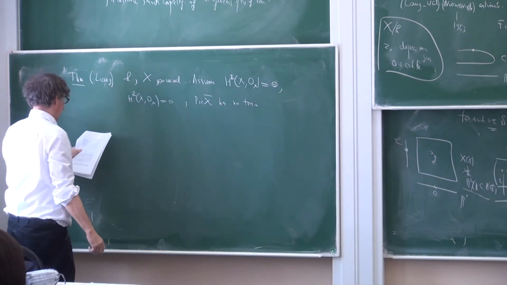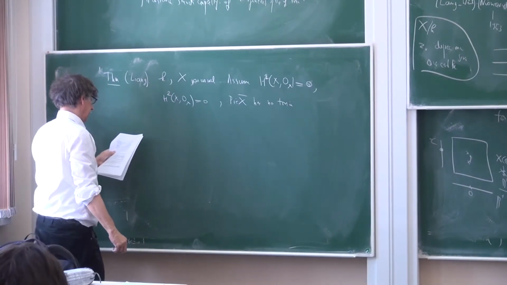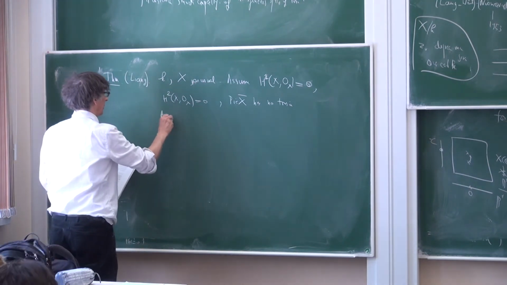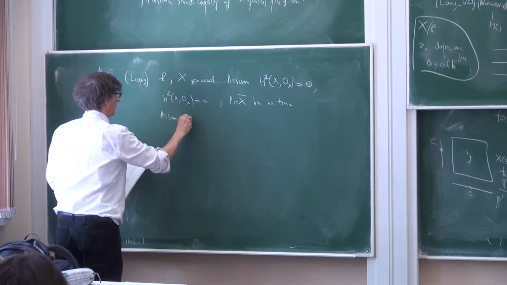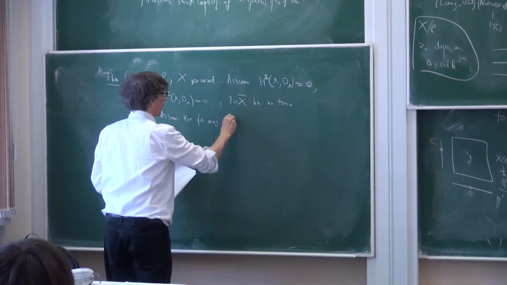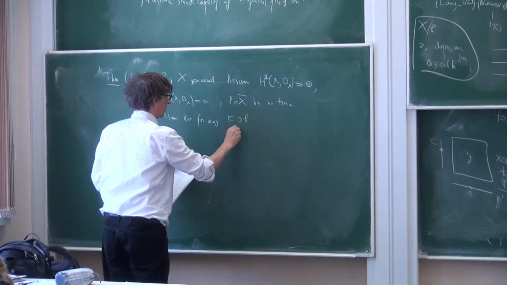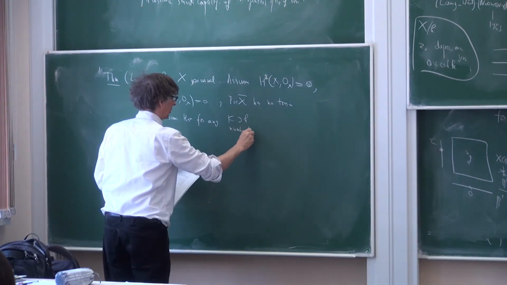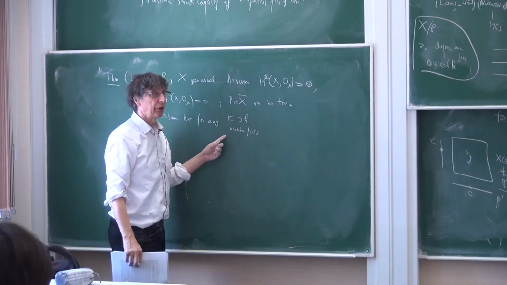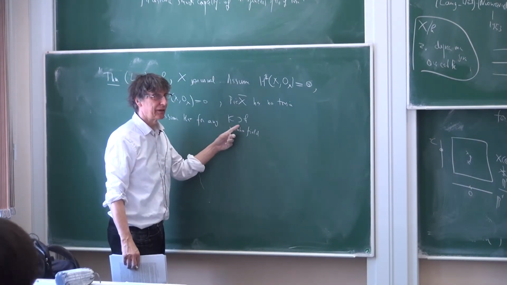Now, and then you also assume that for any number field K containing k, so in the text everywhere I write for every finite number field extension of little k.